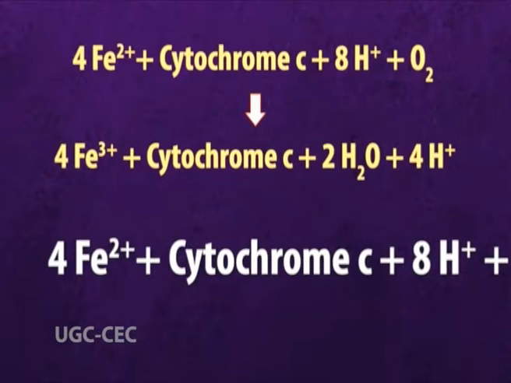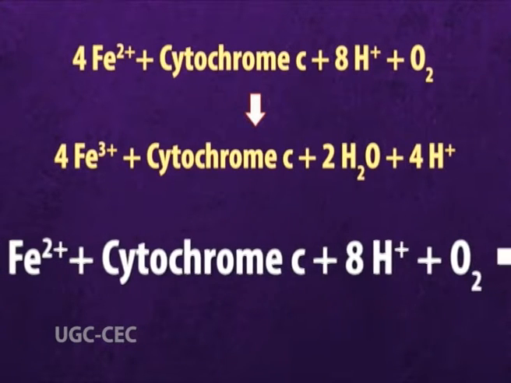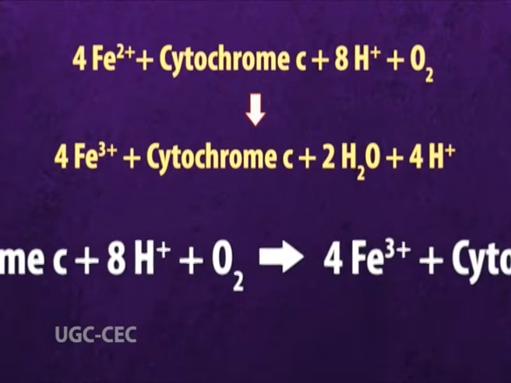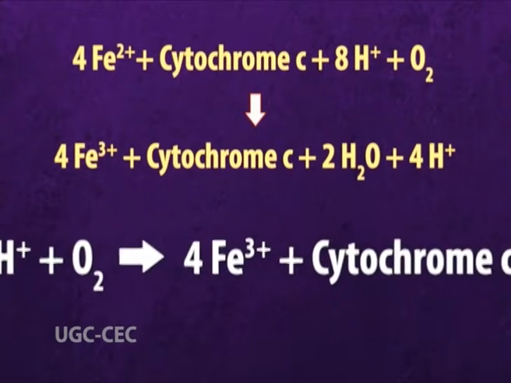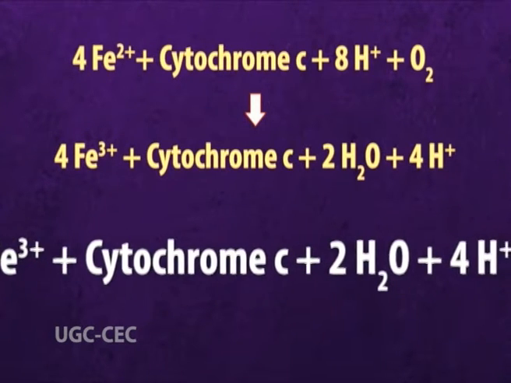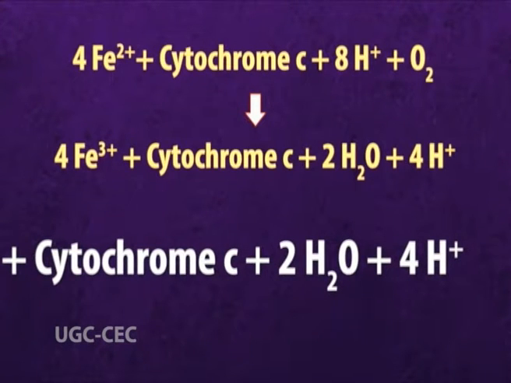The net reaction is 4Fe2+ cytochrome C plus 8H+ plus O2, which gives 4Fe3+ cytochrome C plus 2H2O plus 4H+.